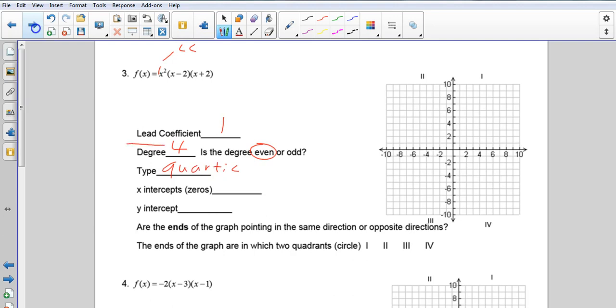Now remember, we should have 4 roots, or solutions, or x-intercepts. Now the x-intercepts are zeros. If we set x squared equal to 0, we get 0. If we set this equal to 0, we get 2. If we set this equal to 0, we get negative 2. And you say, hey, that's only 3.